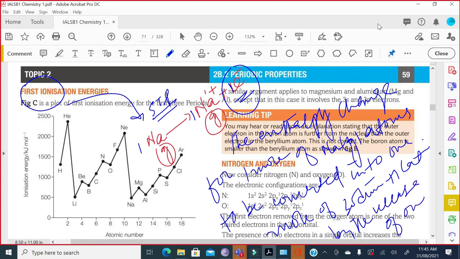This is called first ionization energy. Are you clear with this?